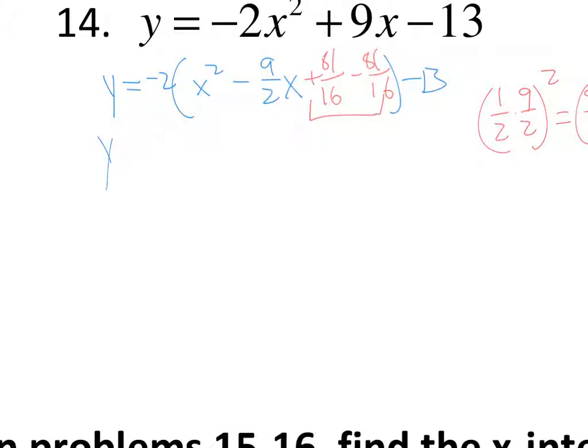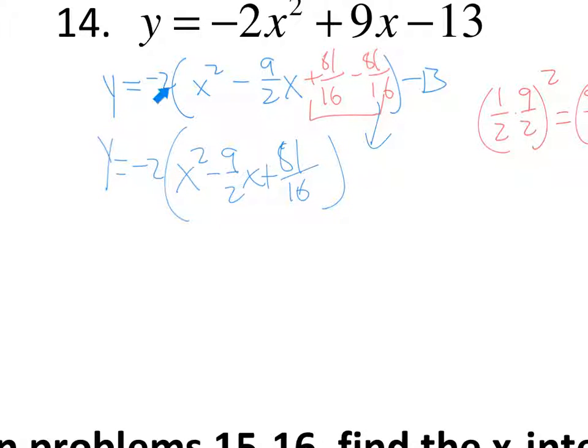Now, this, we're going to leave most of it in there. And 81/16, this guy has to come on out. But remember, it's -2 times that. So -2 times this is actually going to cancel this out.